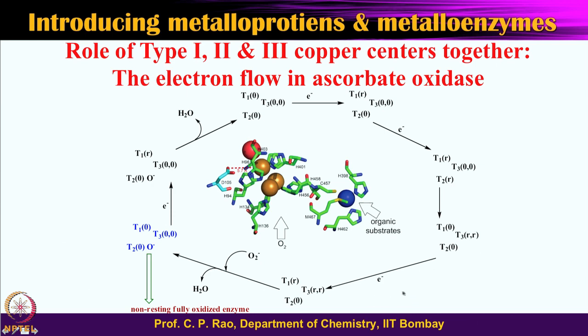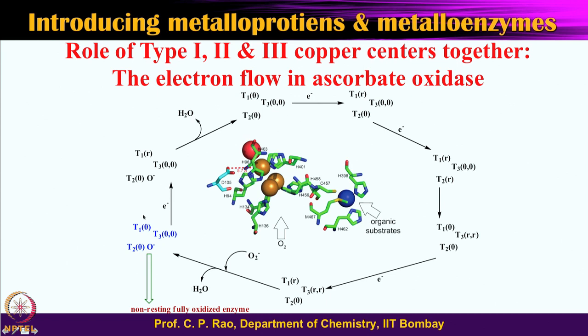So, at this stage, 1 more electron reduction will make 3 electrons, and the 3 electrons will take up the oxygen moiety into this, and that will be activated to throw out water, and one of the O is bridged. So, out of the 2 oxygens, 1 O is bridged, 1 goes as water in presence of the protons.